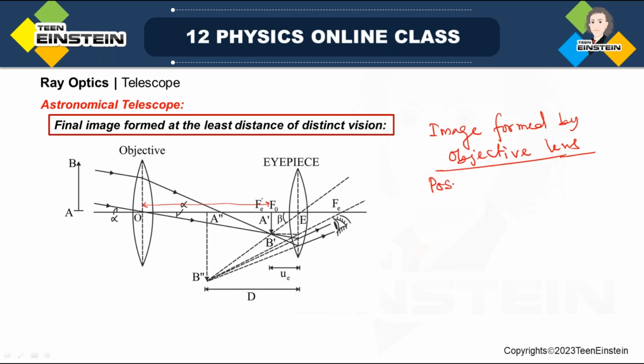So the position will be the focal plane, its focal plane. You can see this, the image is here, actually A prime B prime. So this is the one, A prime B prime, okay? The image is formed at the focal plane.